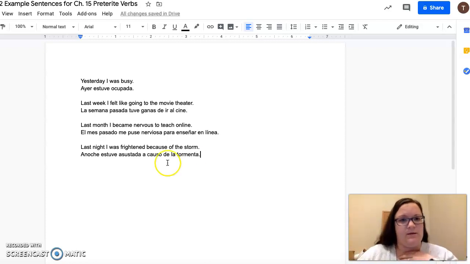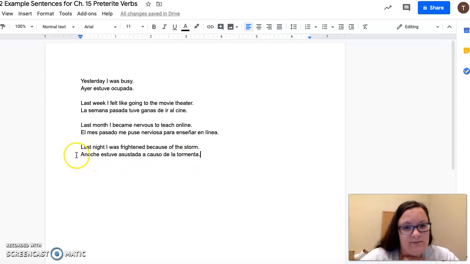Okay, so what I'm doing here is I'm using my clue phrasing to let me know that this needs to be past tense. I'm using my past tense verb, my descriptive adjective of what I was or became or how I felt. And then I'm doing my clause that tells me why I was frightened, because of the storm. Okay, so that's kind of what you're seeing going on with all of these sentences.